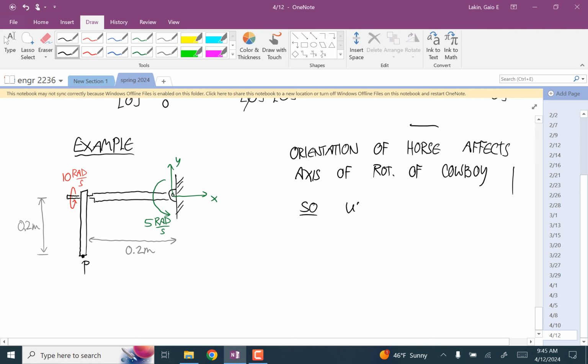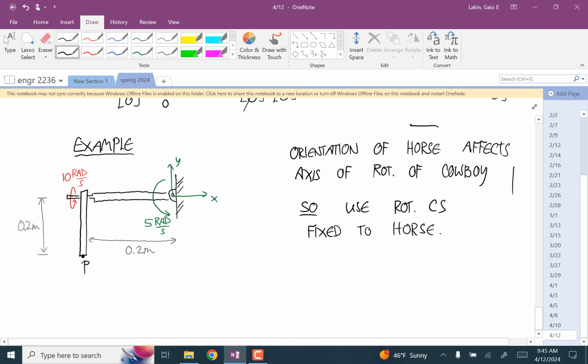So we're going to use a rotating coordinate system. And this rotating coordinate system is going to be fixed to the horse.